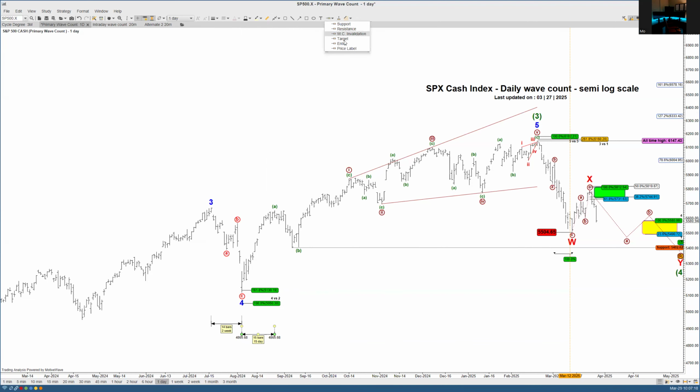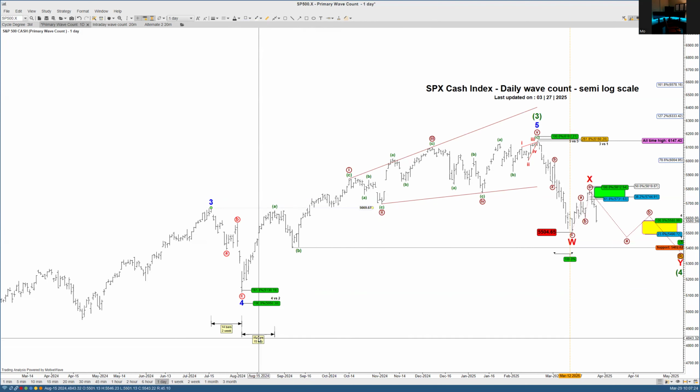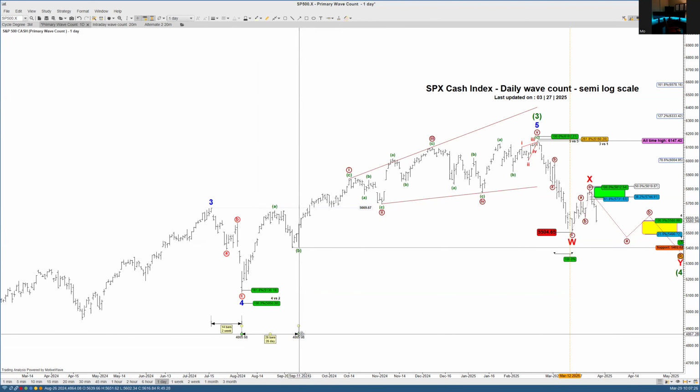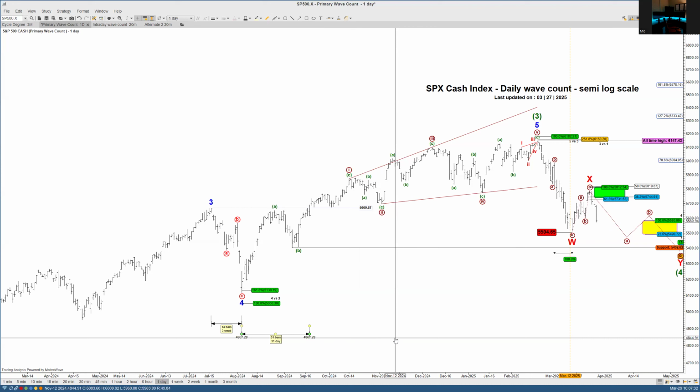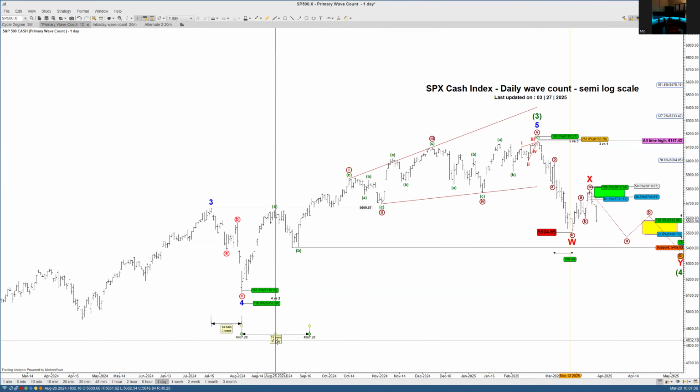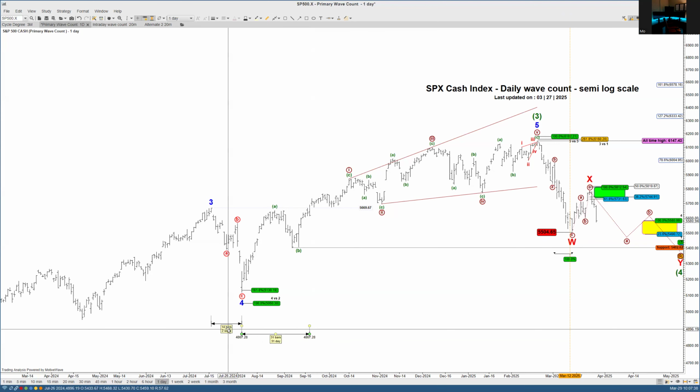Let's do this. The high was here. So you take this until, how long did it take to reach the high? See? 31 days. It took longer than the initial decline.